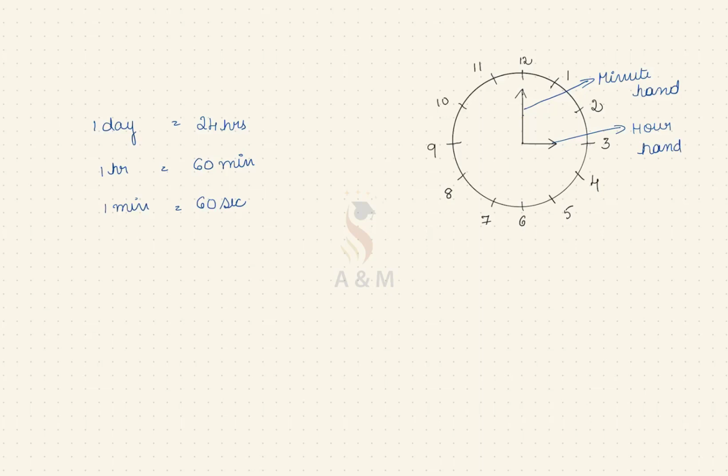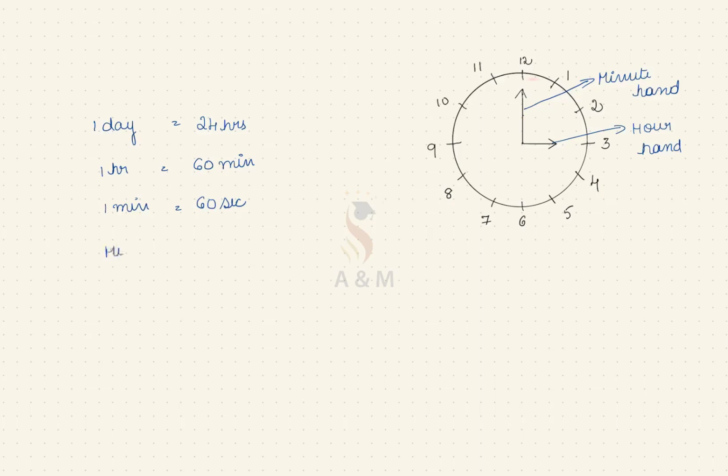Both the hands rotate by an angle of 360 degree. Now what do you mean by 360 degree? If a hand of a clock rotates one circle, it means it has rotated 360 degree. Okay. One circle is equal to 360 degree.